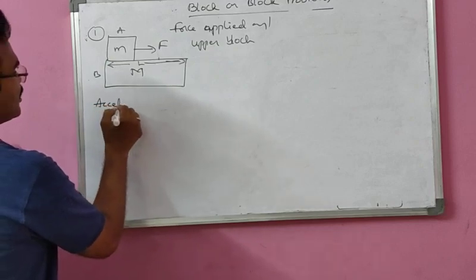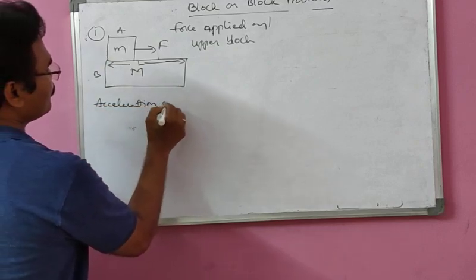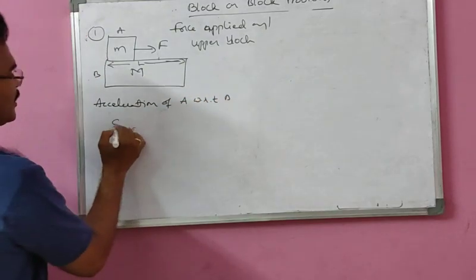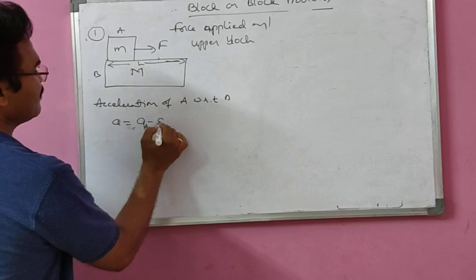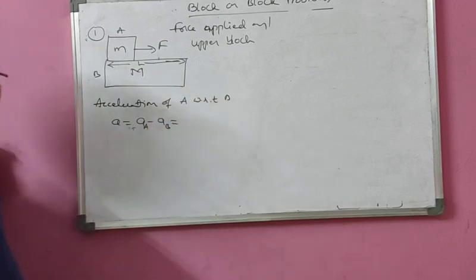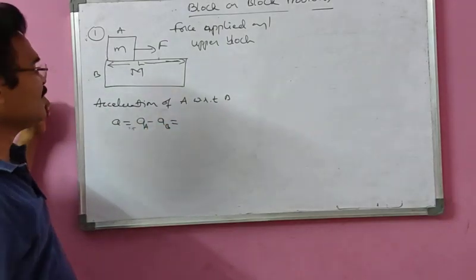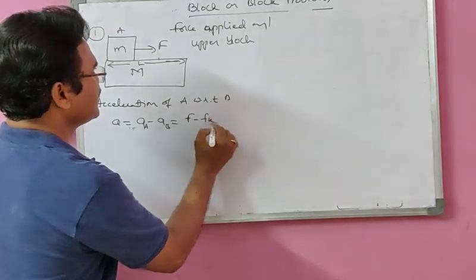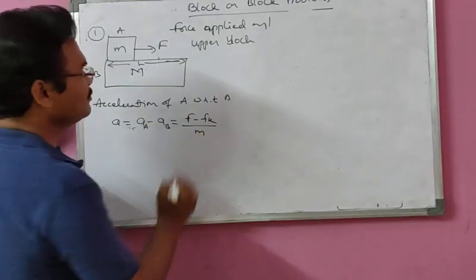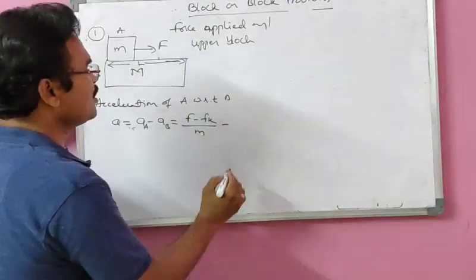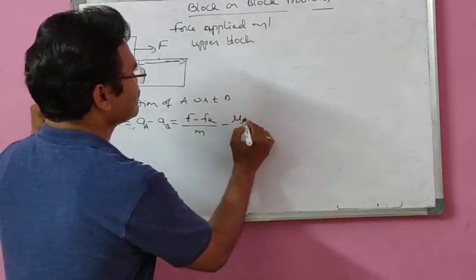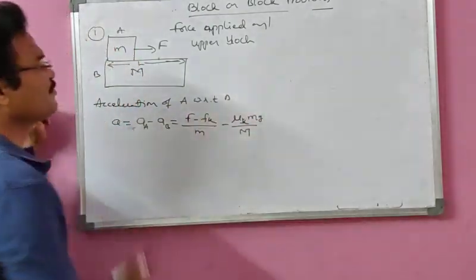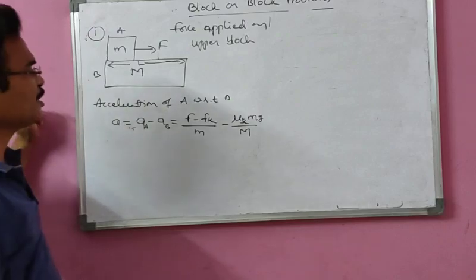So acceleration of A with respect to B, I can write aA minus aB. aA minus aB. So aA what we got here? aA is F minus Fk by small m minus, this is what we got here, mu k mg by capital M. And in place of Fk also we can write mu k mg.